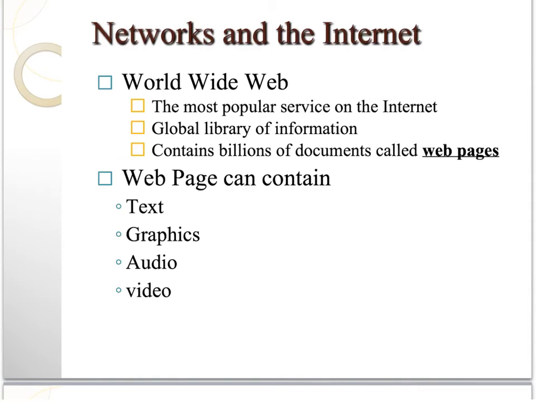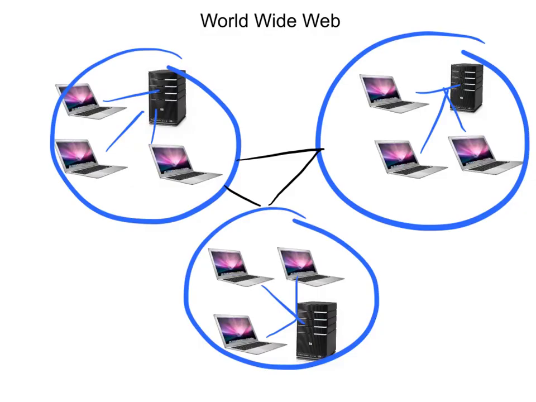The World Wide Web is the most popular service on the internet. Web pages that we view often have text and pictures. Many times they've got audio and video on them as well. This diagram looks like the internet we just reviewed, right? The only difference is that within each of these networks, there's a server.